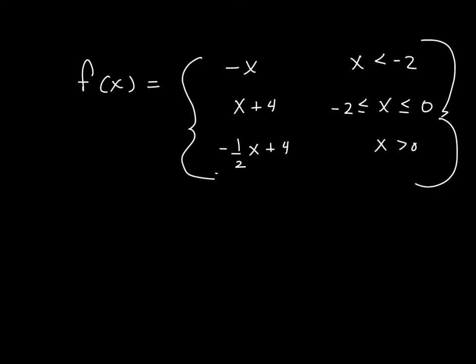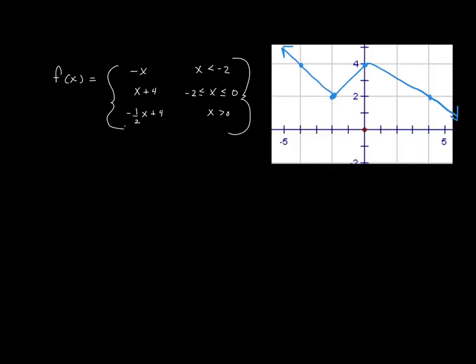So we're going to talk about the derivative of a piecewise function and what that means. Now, these are all three lines, and this is what the graph of this particular function looks like. Now, what can we say about this function? This function is continuous from negative infinity to positive infinity.